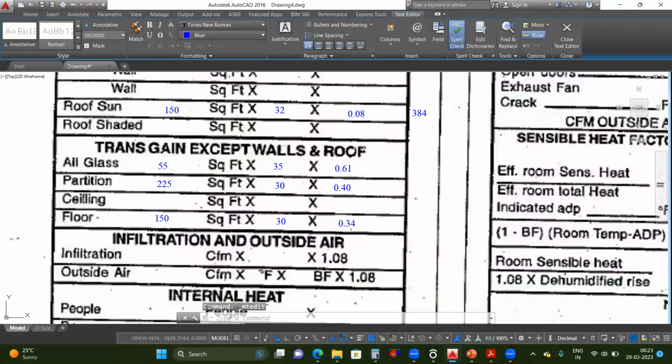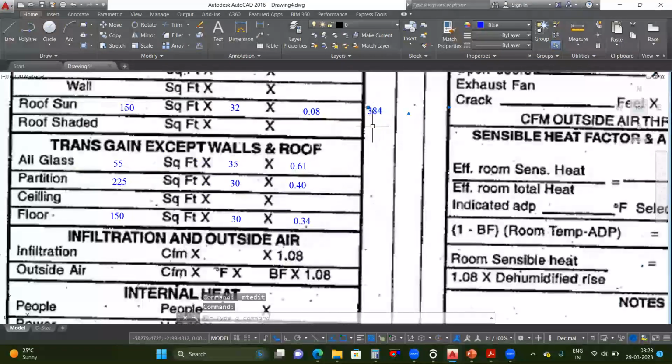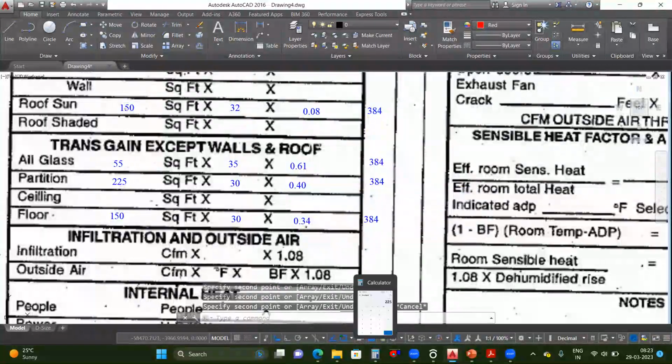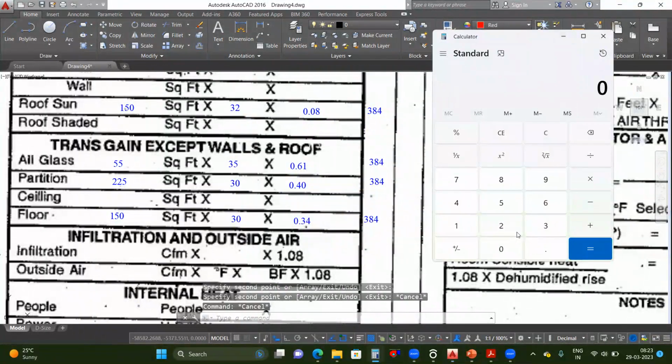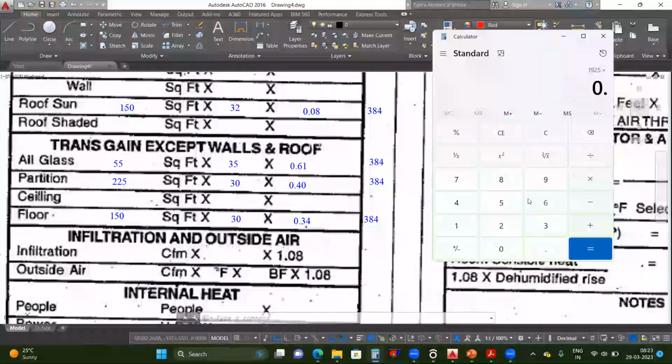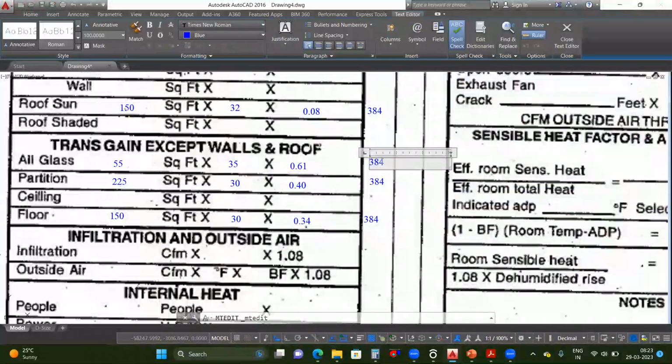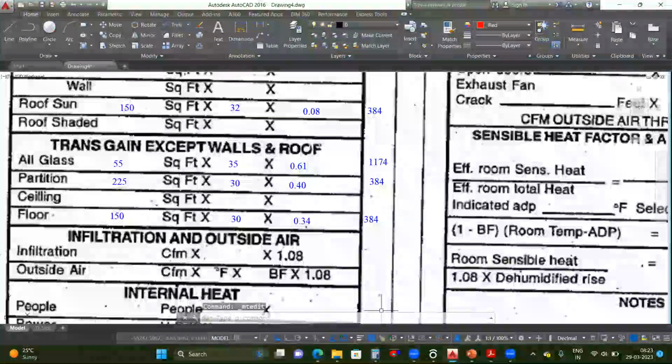So when we multiply all these values, 55 multiplied by 35 multiplied by 0.61 gives 1174.